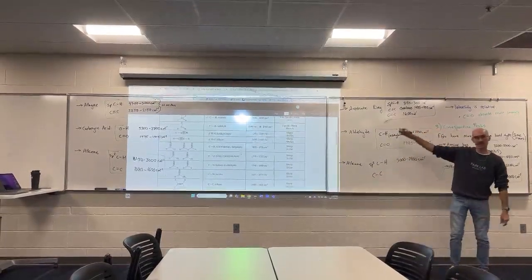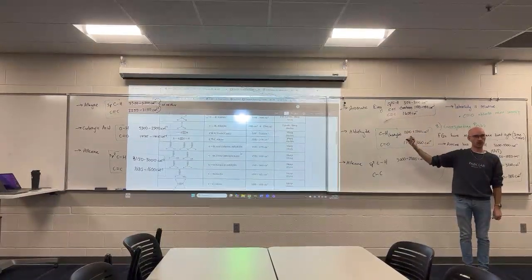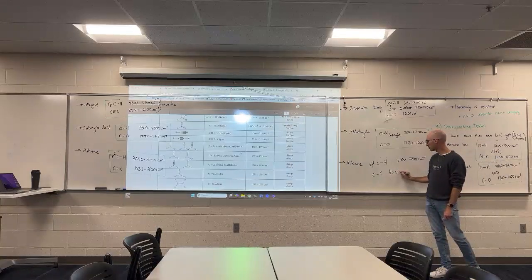Have you noticed that this table doesn't have carbon-carbon single bonds? Have you noticed that in the compounds we've looked up, carbon-carbon single bonds haven't been looked at? These have no significant absorption.